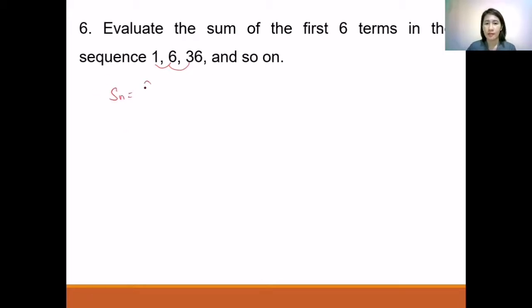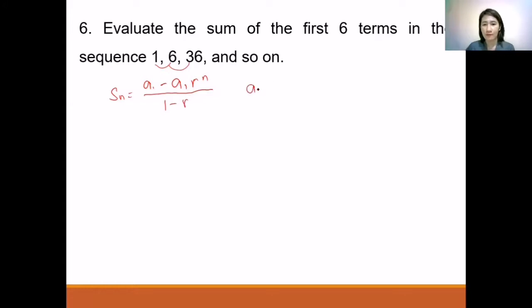S sub n is equal to a sub 1 minus a sub 1 multiplied by r raised to n, since we don't have our last term, over 1 minus r.